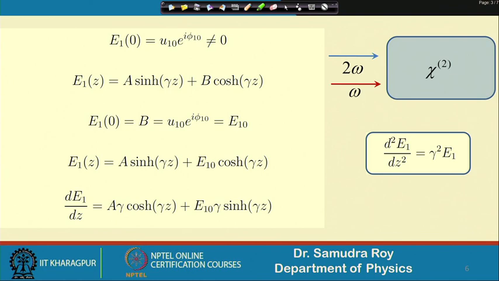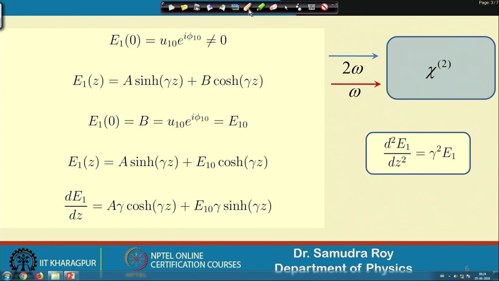Using this calculation, we try to understand whether the subharmonic is really going to be generated or not. If you remember, the expression of d2 E1 dz square was this, the same expression that we used in the previous calculation; only the boundary condition is going to be modified.